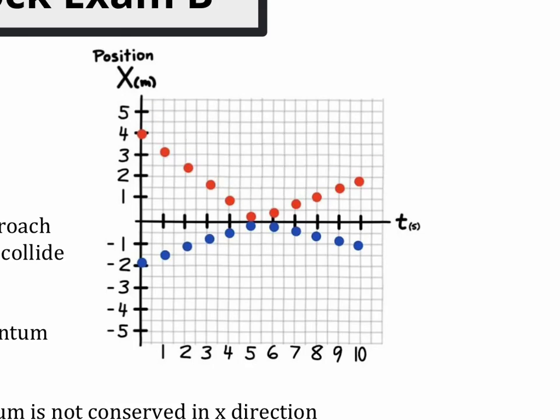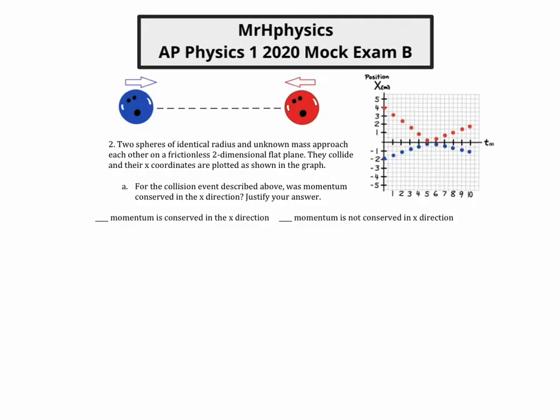So what we can get from the graph are the speeds or velocities before and after the collision of both masses. However, we don't know what masses they were because it says unknown mass. So we can't tell the momentums from this picture. We can only tell the velocities. Well, what do we know?